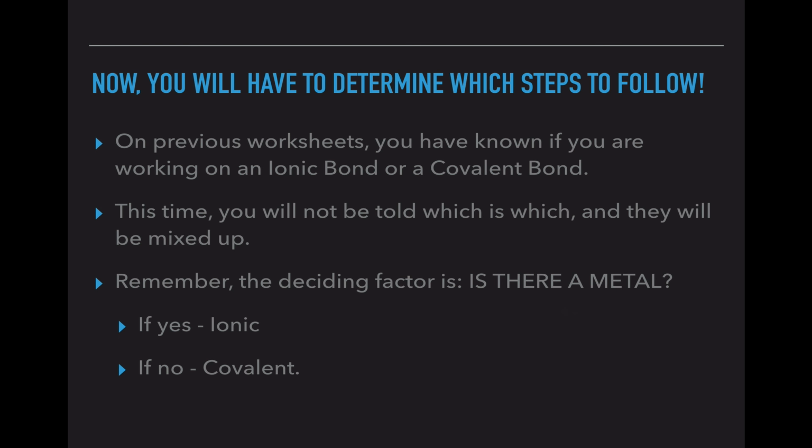If your answer is no, it is a covalent bond. And remember, ionic bonds, we use arrows, and there are no prefixes. Covalent bonds, we use ovals, and eventually lines, and there are prefixes.